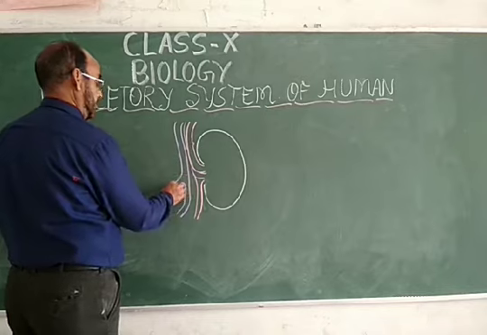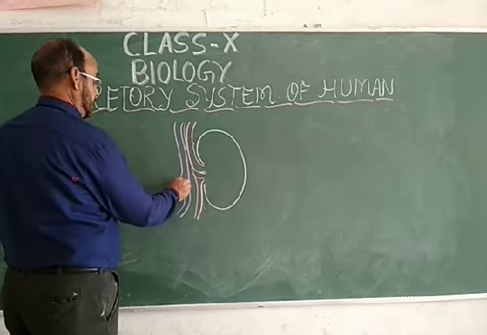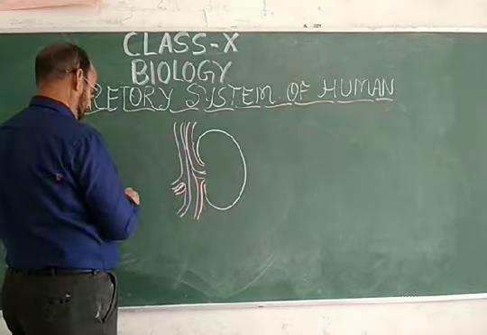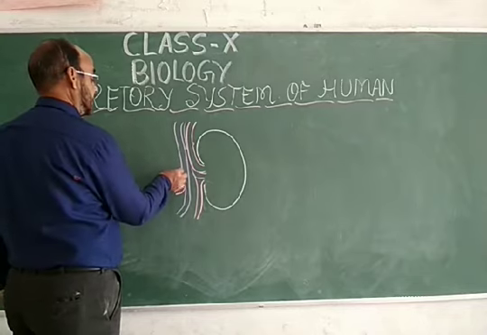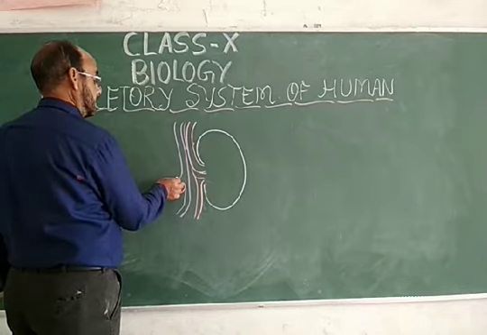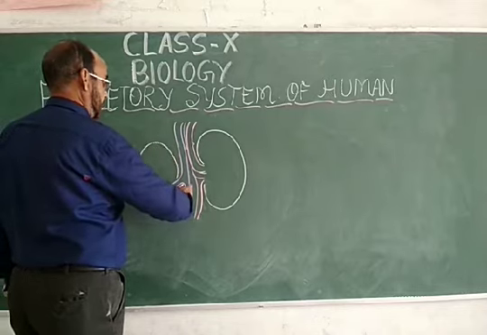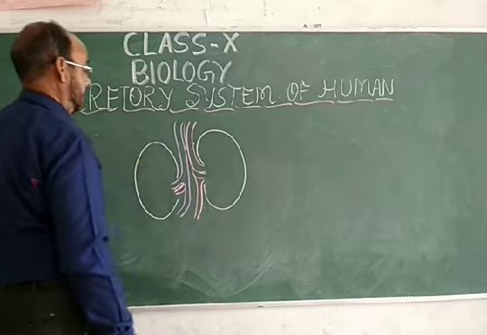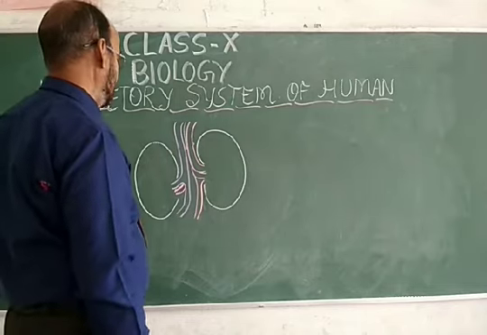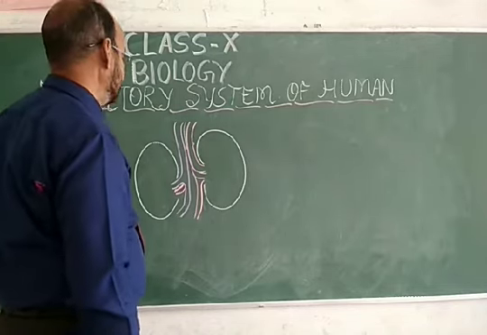Similarly, this is the renal artery that gets inserted on the other side of the kidney, and this kidney is bean shaped.